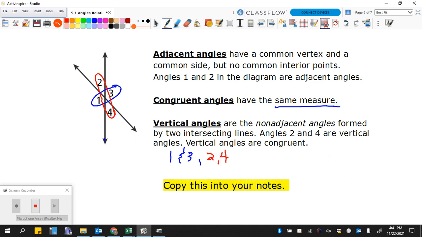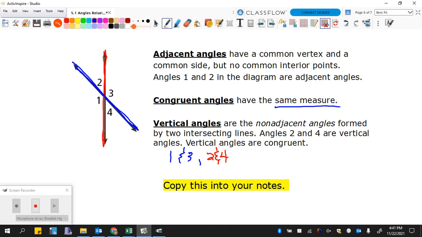Now, one of the things to remember is that all of these are angles that are formed by straight lines. We have this line that comes all the way up through here, and then we have this line that goes all the way through here, and they cross each other.